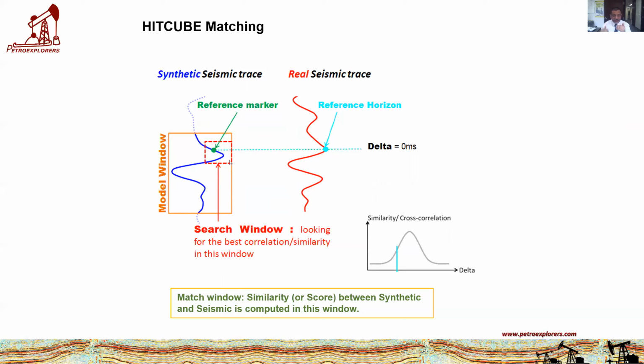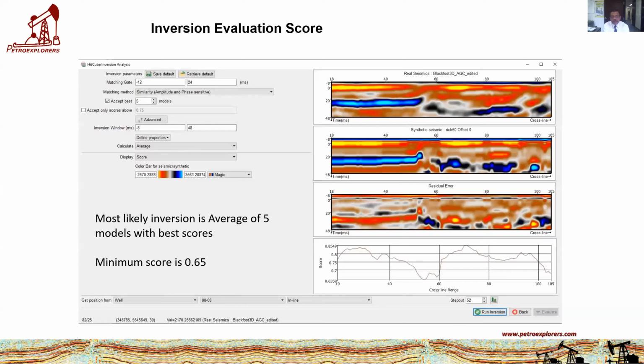It's able to adjust similar to the neural network inversion, which allows flexibility, because your interpretation may not be exactly tying with the inversion unless you have interpreted on the inversion data.